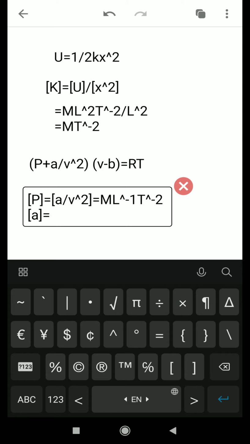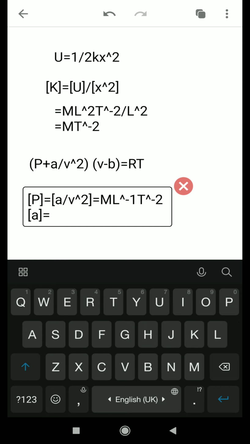V is volume. You all know the dimension of volume is L cube. So V square is L to the power 6. So you will multiply M L inverse T to the power minus 2 into L to the power 6. So it will come L to the power 6 into L to the power minus 1, that is L to the power 5. So M L to the power 5 T to the power minus 2. You all have got this.